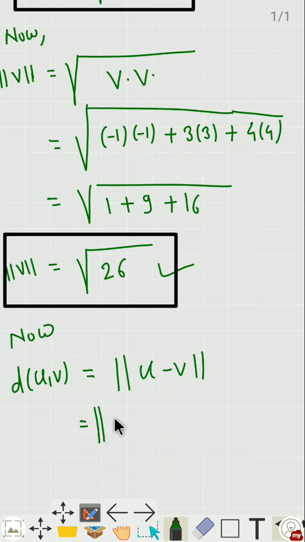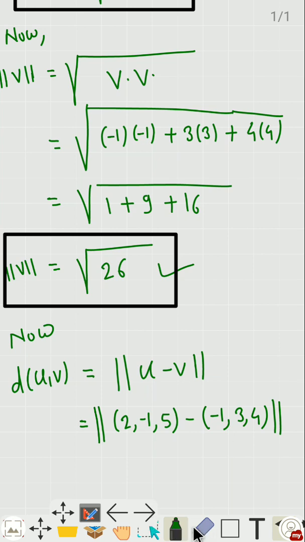Vector u is (2, -1, 5) minus vector v, (-1, 3, 4).